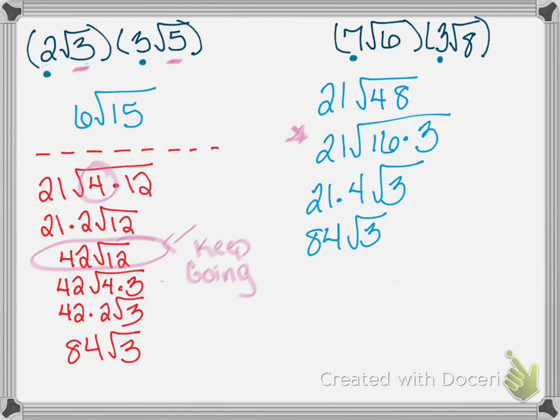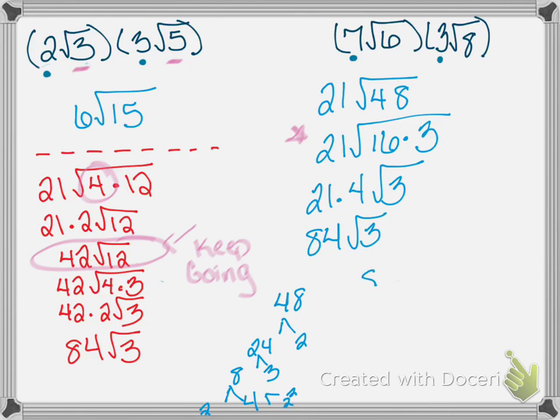Now, if you're not sure you're going to get the biggest perfect square, then I would do the prime factorization. So I would do 48 breaks down to 24 times 2 and 8 times 3 and 2 times 4 and then 2 times 2. So I've kind of ran out of room here.